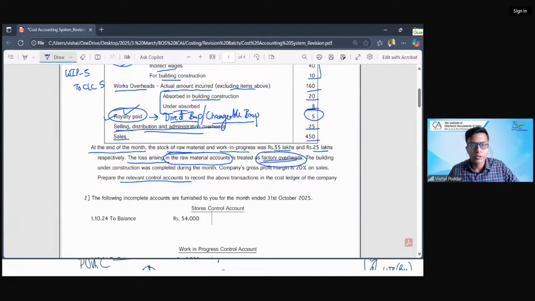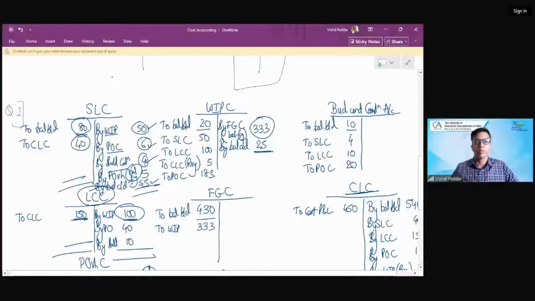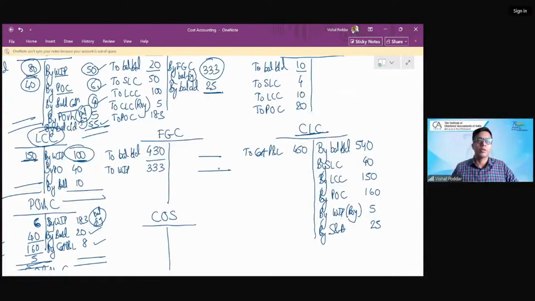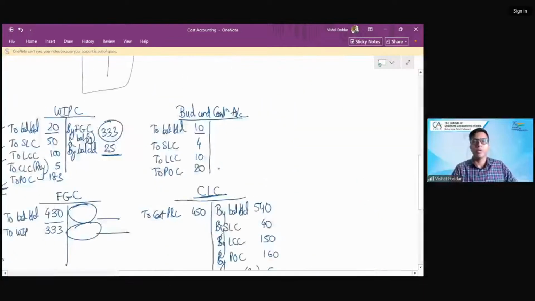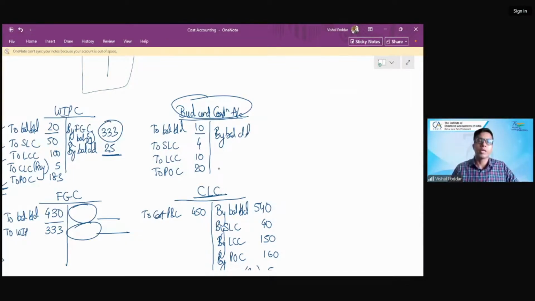We are saying building under construction is completed. Okay. Now, before I close this, because there are two missing values, one of which is sold, second is of closing finished goods. So this I'll have to find out. So in the meantime, they have said that this building which was under construction is completed. Had it not been completed, I would have done balance carried down, carrying forward the total cost incurred till date. But now they are saying this building is completed. Since it is completed, it will go to my assets, and my assets and liabilities are represented by CLC.